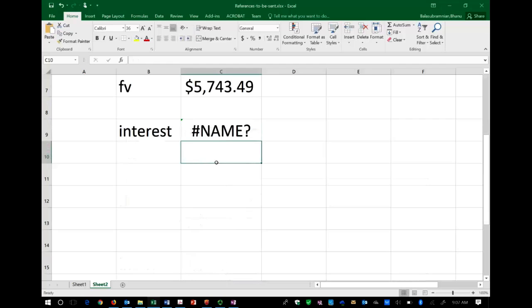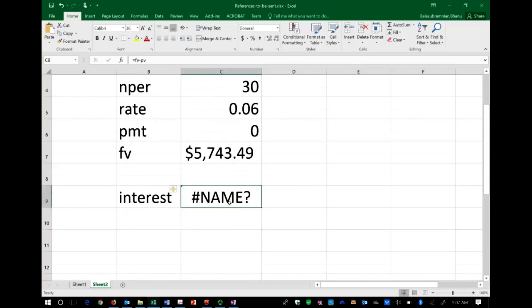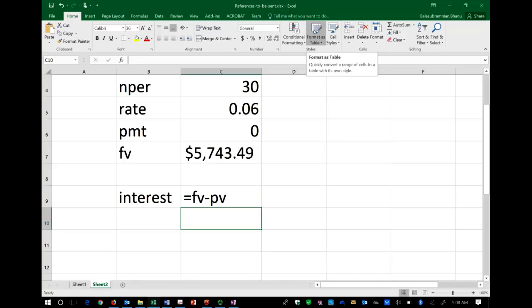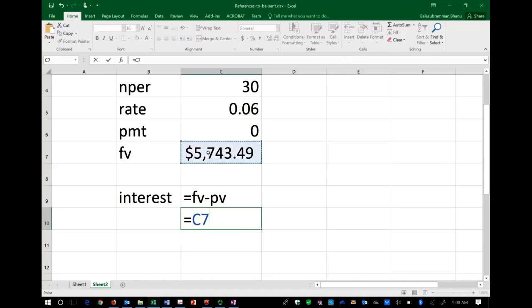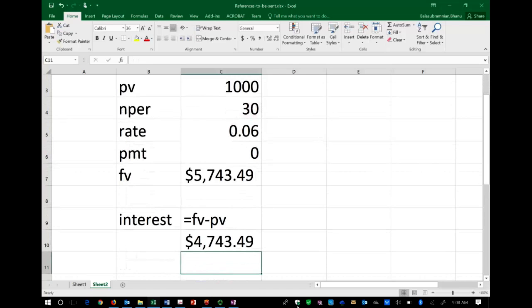So, that should be equal to, I think I should put the formula, future value minus present value, 4,743.49.